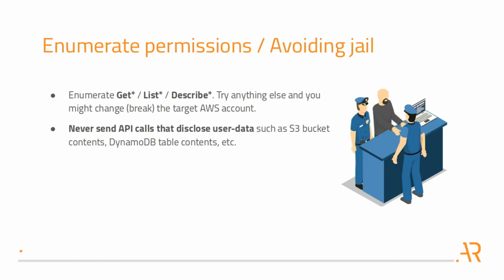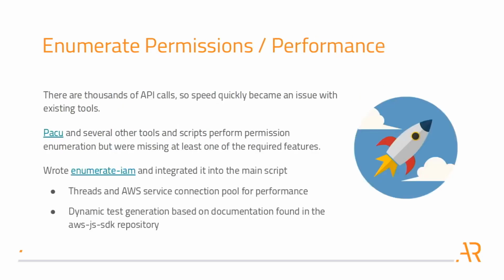Customer information is give me one file that is stored on S3. I didn't want to read customer information. I wanted to read just the names of the buckets. And all of this is, of course, to avoid going to jail, right? Nobody wants that.